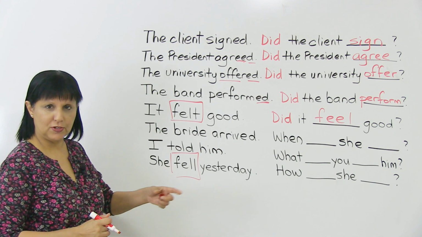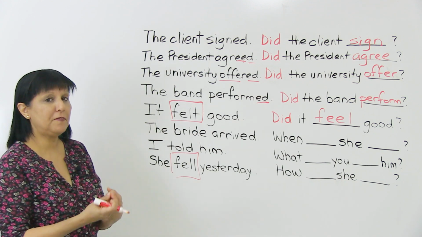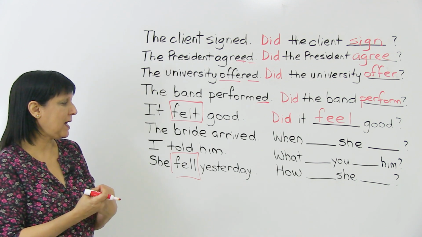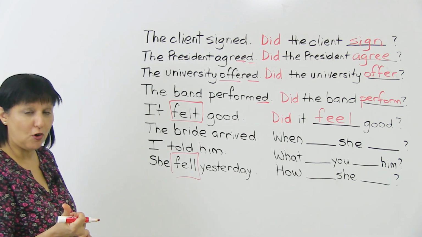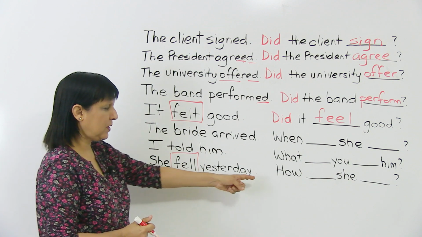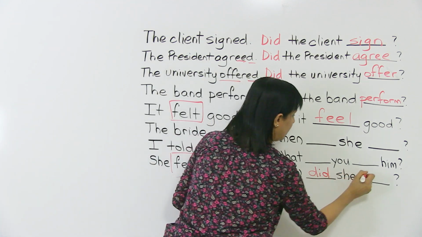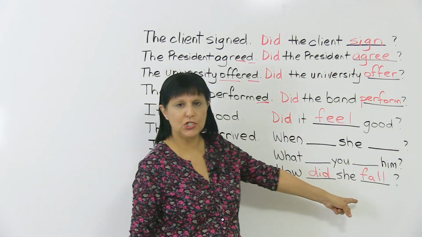Let's jump down here for a second because I want you to see the contrast, all right? She fell yesterday, okay? She fell down or something like that. So fell is the past tense of which word? It's the past tense of, what is it? Fall. Very good. So the question becomes, how did she fall?